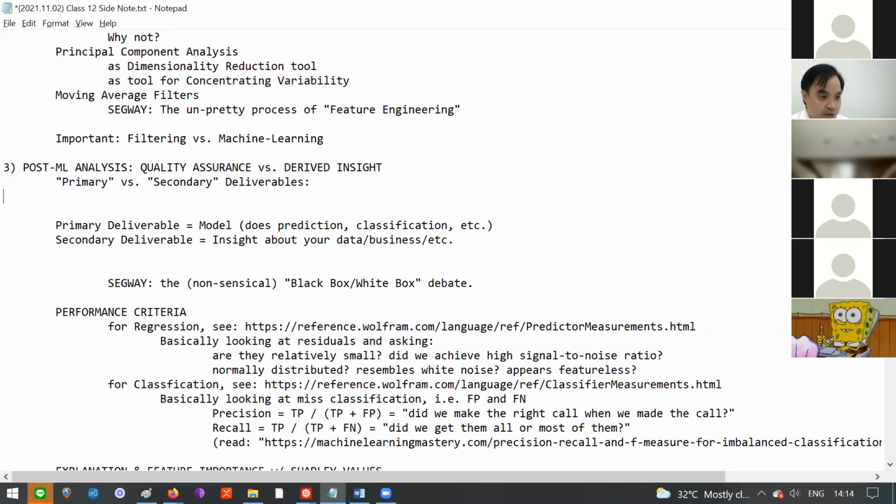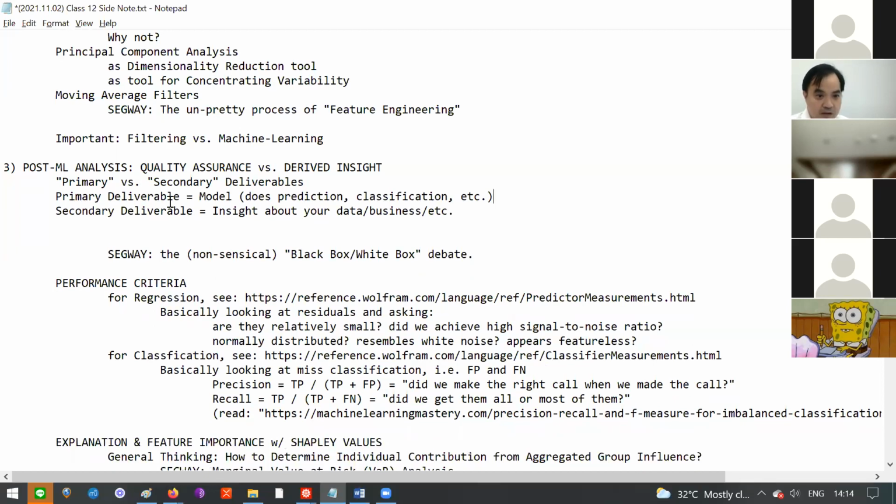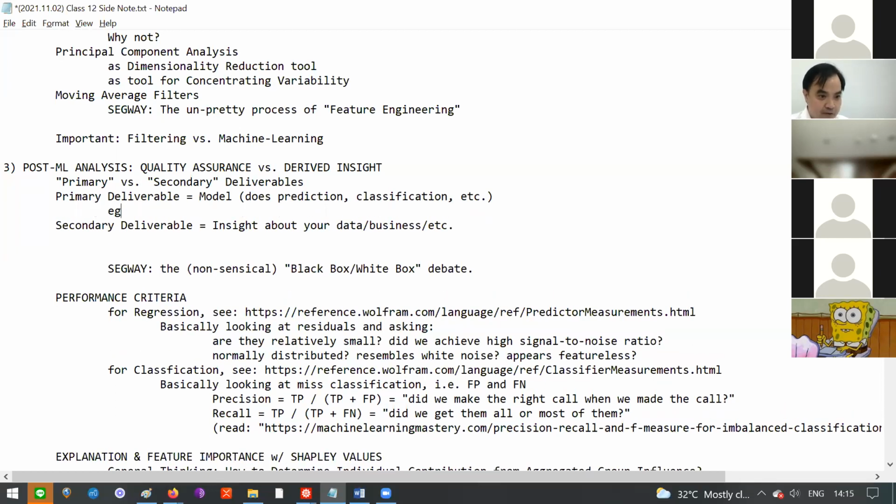Okay. So, for example, a model that predicts whether a person will buy your product. Okay, so that's a model, right?